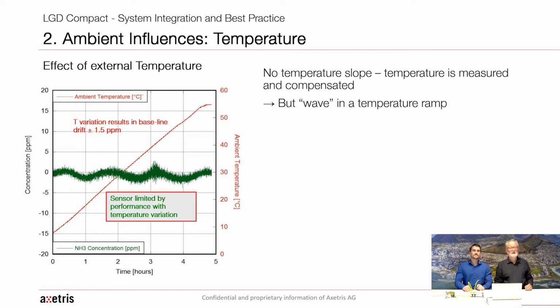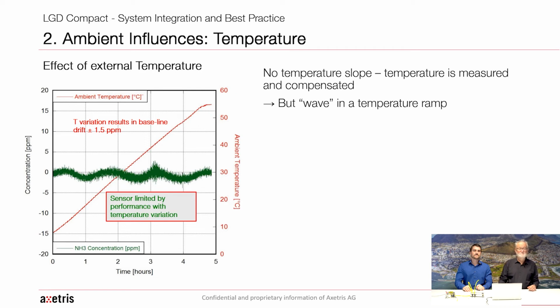There's a temperature ramp over 5 hours, going from 5 to 55 degrees Celsius. And this green line is the concentration measured. And you see there is some little noise on it. And in this case, it's a very nice sine-style wave visible. That's what we were talking about before.